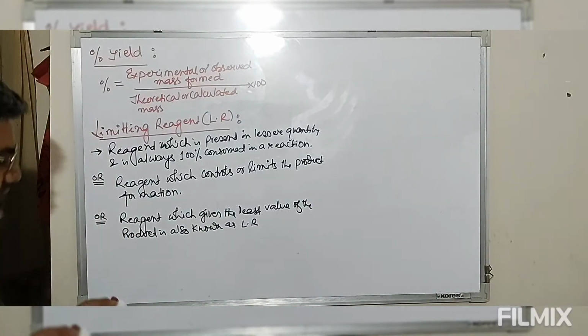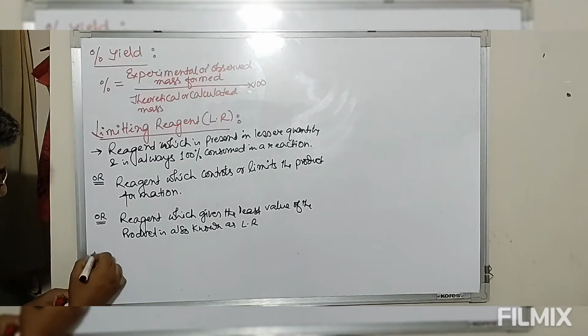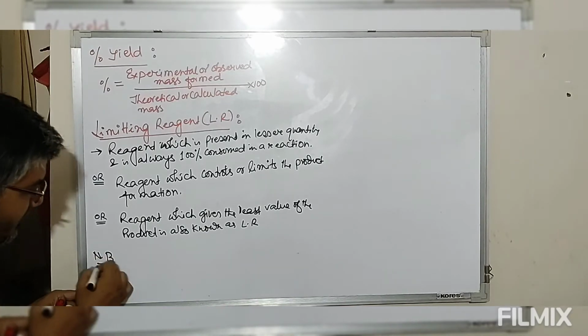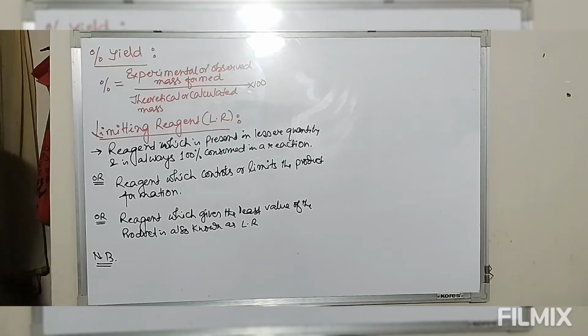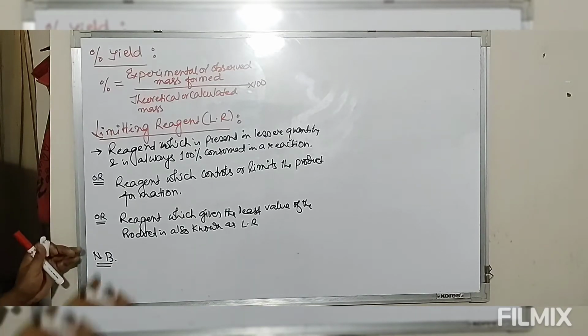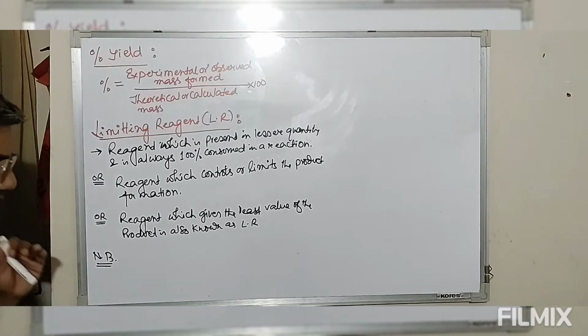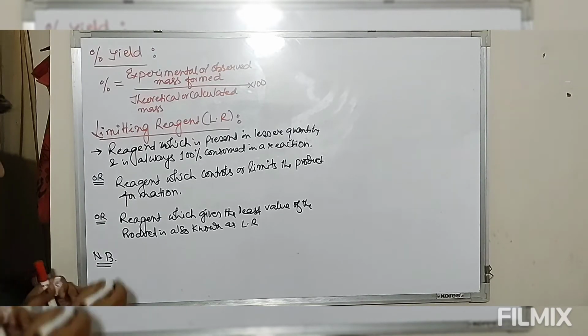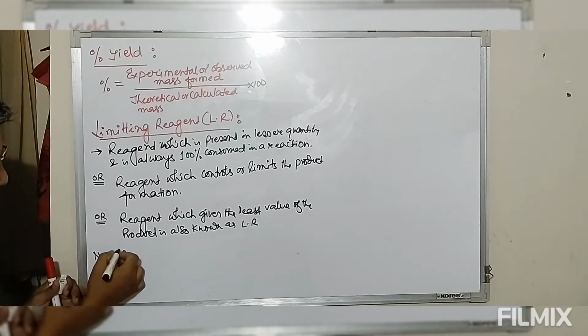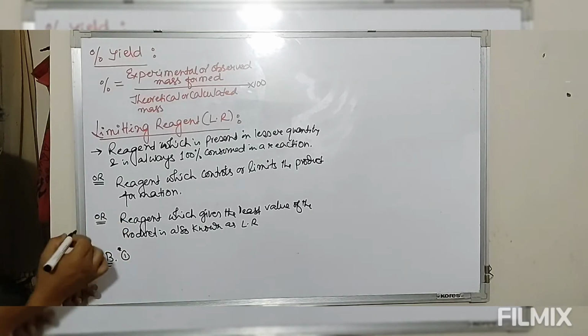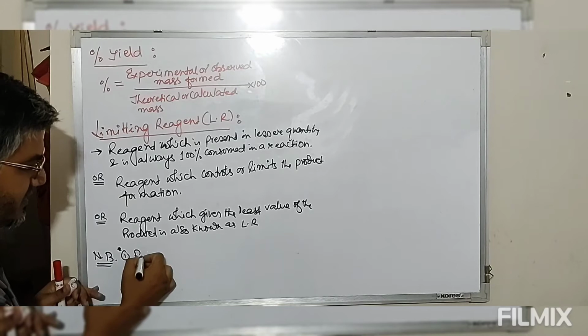Now look at this. To define this limiting reagent, one thing that we have to keep in mind, and I want this point to be noted thoroughly, is that we need to have the balanced chemical reaction. So the first thing that we have to keep in mind is a very important point here. The reaction must be balanced.